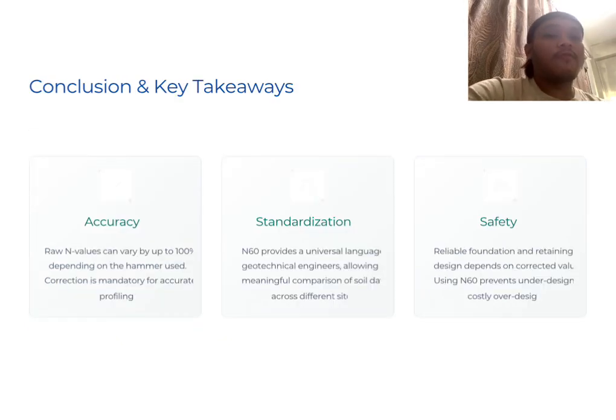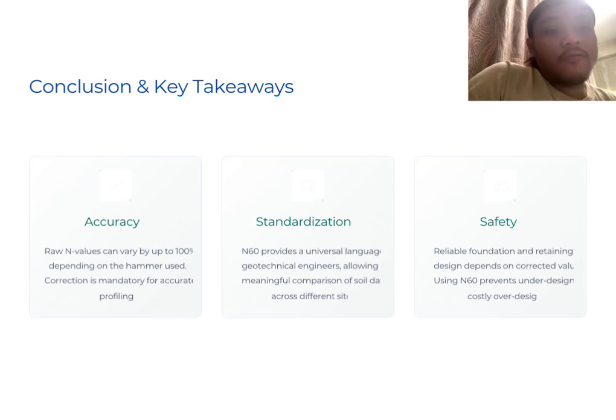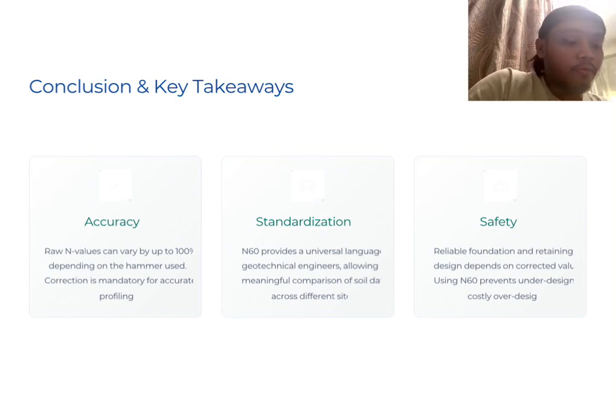Okay, for the last slide, the conclusion and key takeaways. The first is accuracy. Raw N value can vary by up to 100% depending on the hammer used. Correction is mandatory for accurate soil profiling.